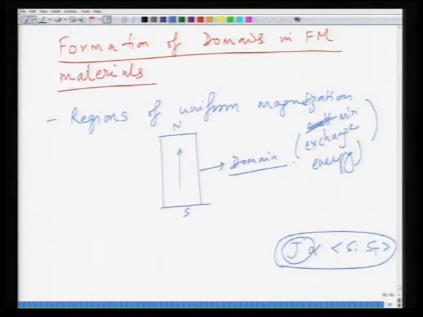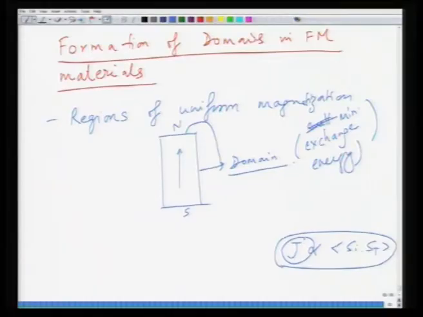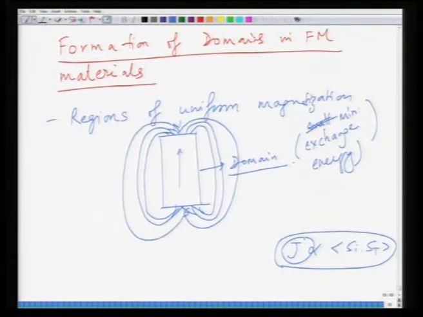Now, you can have all the spins aligned in one direction throughout the volume of the material. That is fine, but what is the problem with this? When you have such a situation, you have very large surface magnetization energy, called magnetostatic energy. So, you have very large flux lines on the surface of the material, and as a result very large surface magnetic energy, which makes this structure unstable.